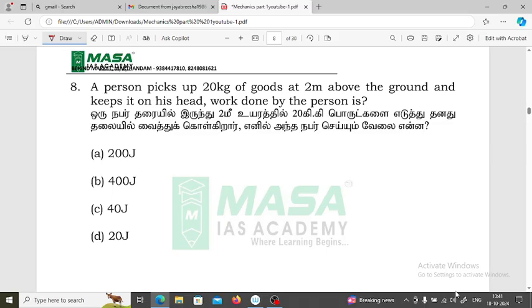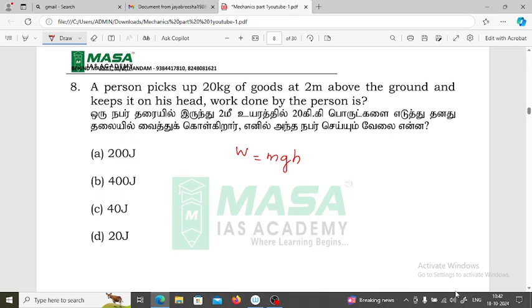Here also a person picks up 20 kilogram weight and keeps it on his head above 2 meter. So here the work done is equivalent to potential energy, mgh. Work done is equal to potential energy.